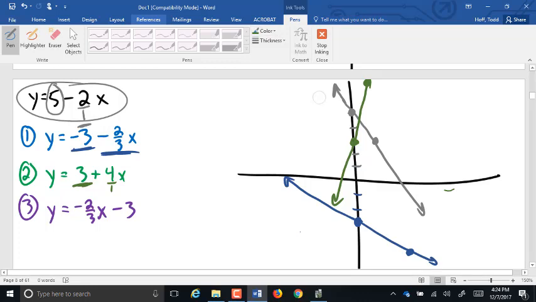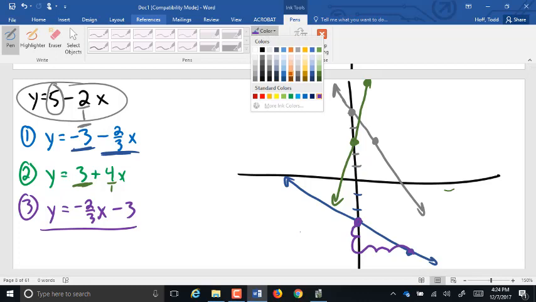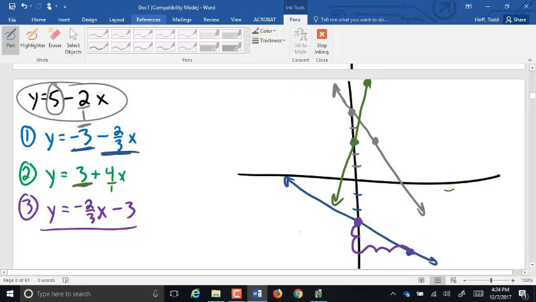And then finally, the last one. Where do we start? -3, and from there we go down 2/3. That's the same line as the one in the blue. What's different about this fourth equation I'm going to put up here?